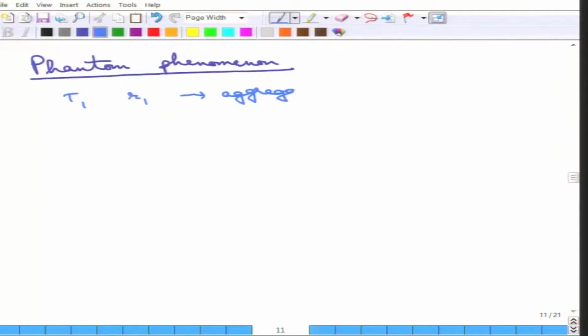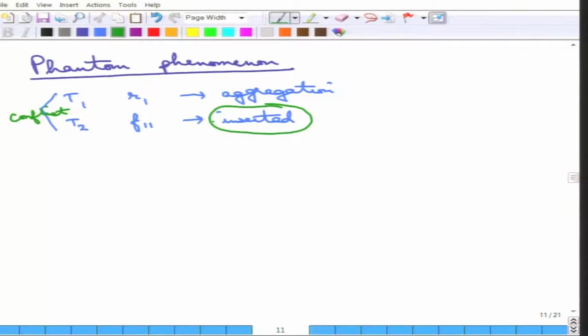And then in the meanwhile there is a transaction T2 which comes and inserts some tuple into it. Then T1 and T2, of course, conflict, because the aggregation will be wrong if the insertion is allowed.